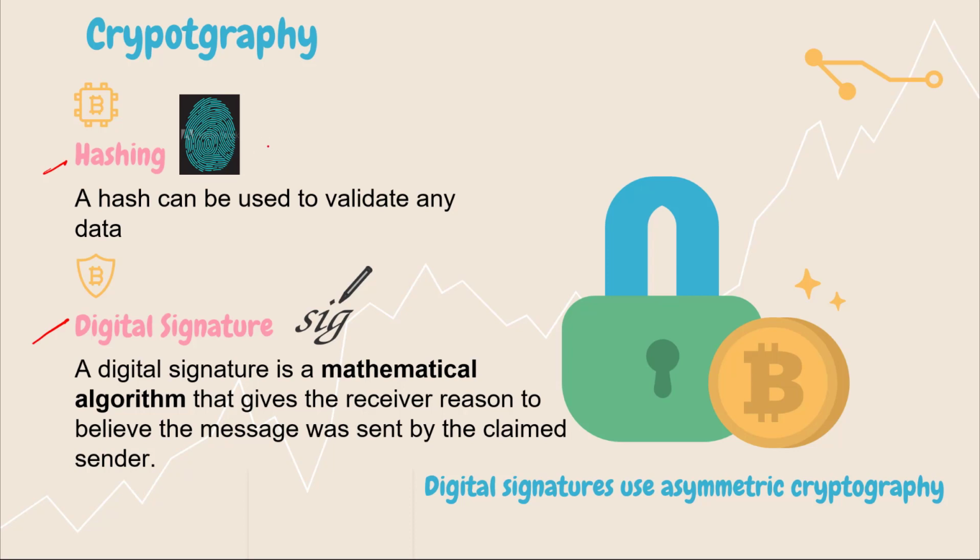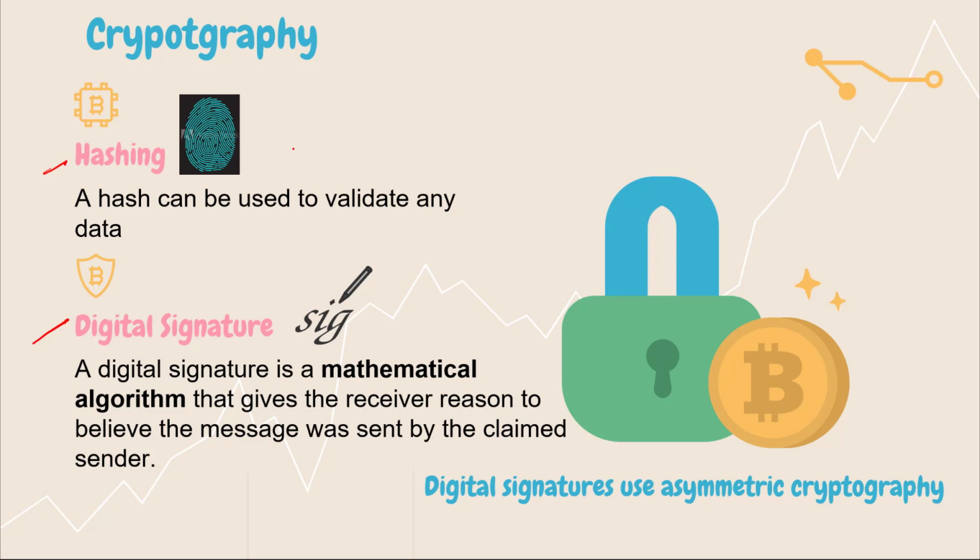I have already explained how hashing works and what the different hashing algorithms used in the blockchain are. But in general, the hash can be used to verify and validate the data and for the integrity check of the data. The other tool of cryptography which is heavily used in the blockchain is the digital signature.